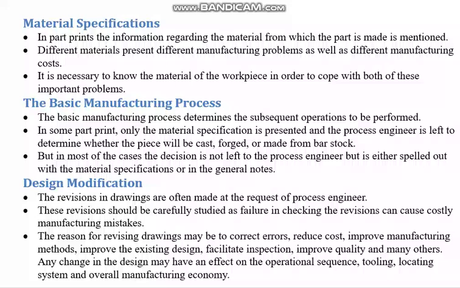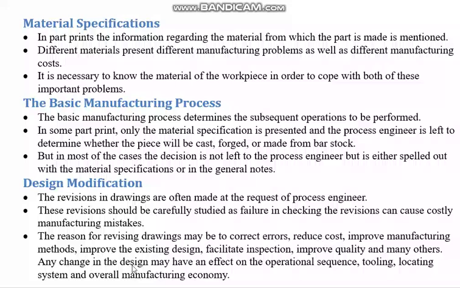The reasons for revision drawings may be to correct errors, to reduce costs, or to improve the manufacturing methods, to improve the existing design, or to facilitate inspection, to improve quality, and many others. These are some of the reasons why a process engineer asks for revisions.